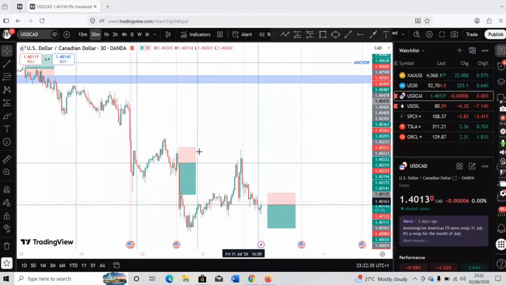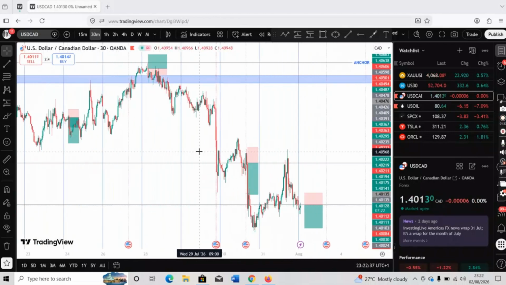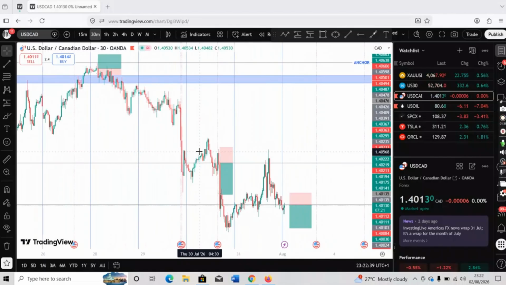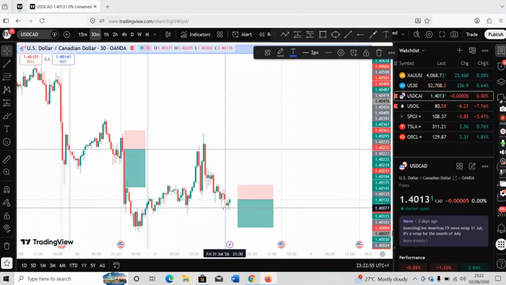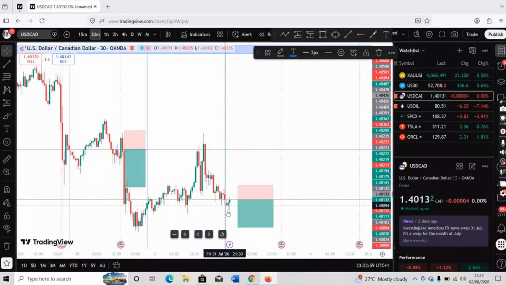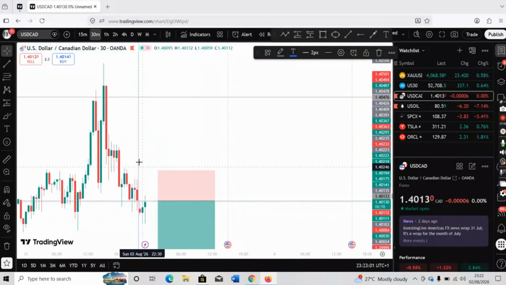Basically what I look for on a trade is if you see this horizontal line here, it's the close, it matches with this red candle with this straight line here.